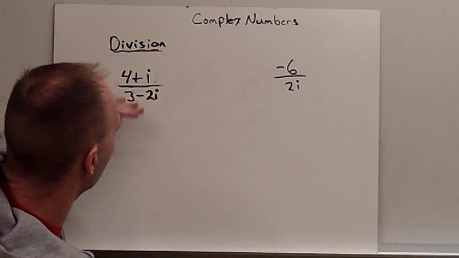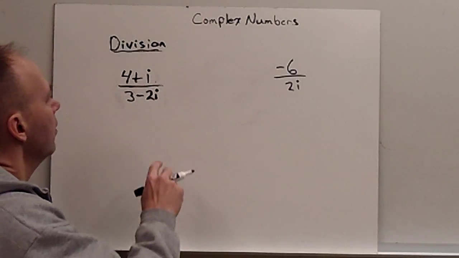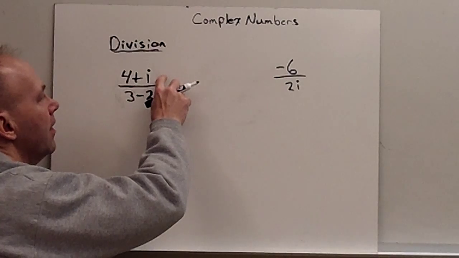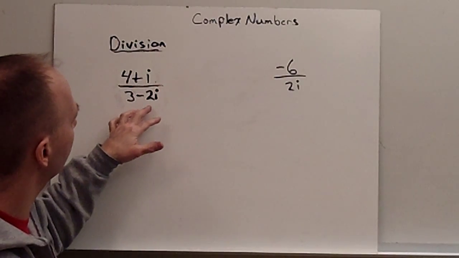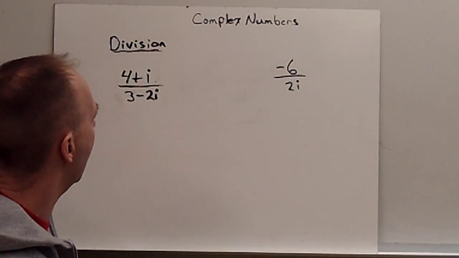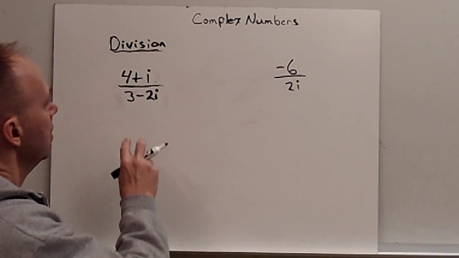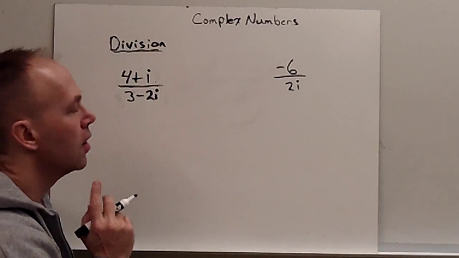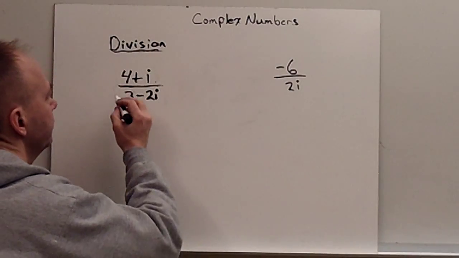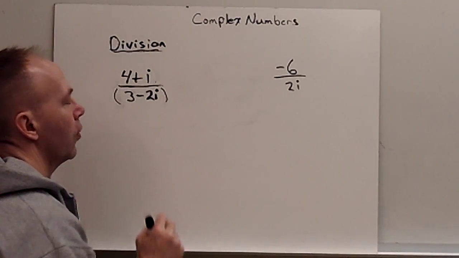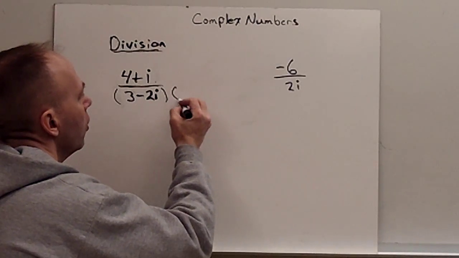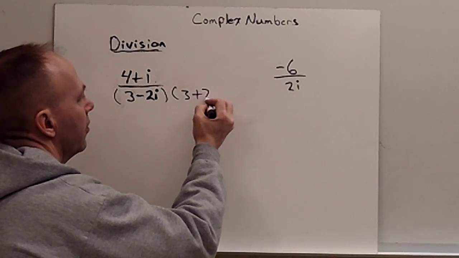We don't actually do long division here. When we say divide two complex numbers, what we're really going to do is make this so that I do not have a complex number in the denominator. And the way we're going to do that, to make this strictly a real number, we're going to multiply top and bottom by the conjugate.